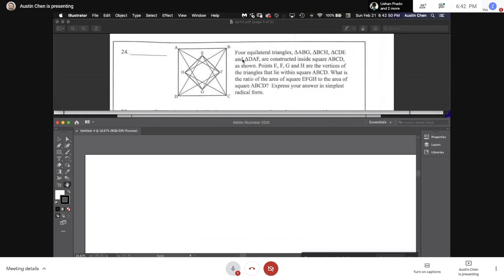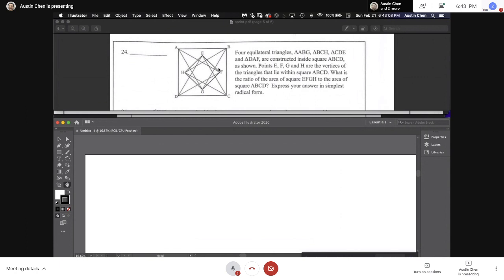So our first four triangles are equilateral triangles going into the square, and it goes more than halfway, right? And then the tips of the equilateral triangles are the vertices of this new square.